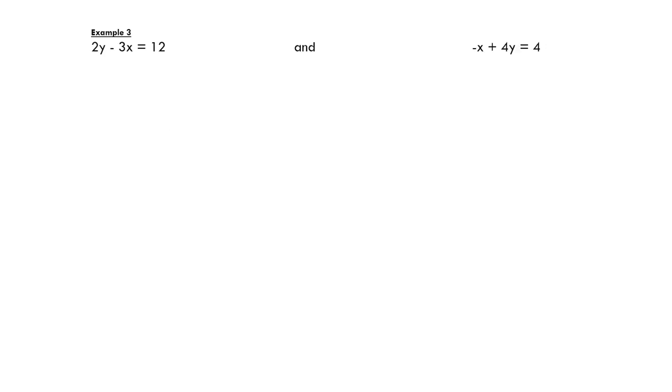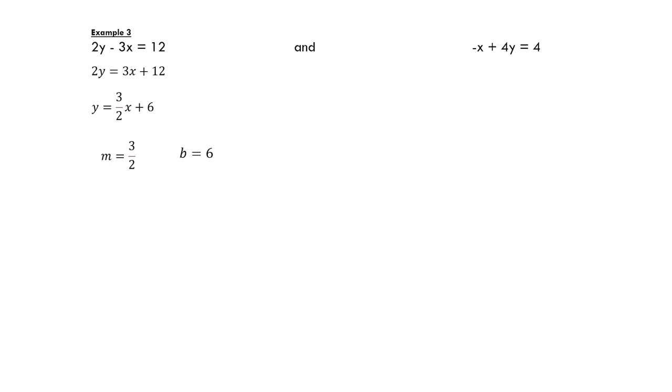Our last example has two equations, 2y - 3x = 12 and -x + 4y = 4. Rewriting our first equation in slope-intercept form gives us y = 3/2 x + 6, telling us that the slope is 3/2 and the y-intercept is 6.